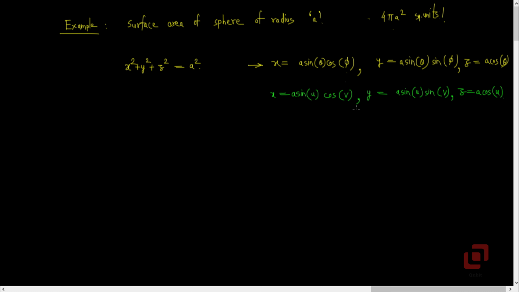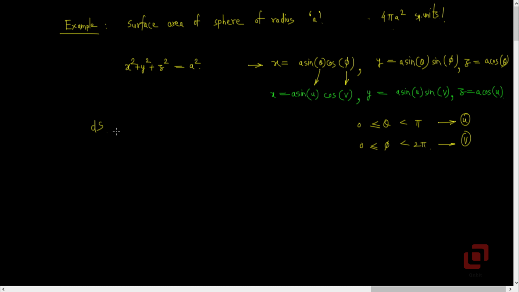To avoid confusion, I am replacing θ by u and φ by v. So x will now be a sin u cos v, y will be a sin u sin v, and z will be a cos u. Theta ranges from 0 to π, so that will be the range of u now. Phi ranges from 0 to 2π, so that will be the range of v now.